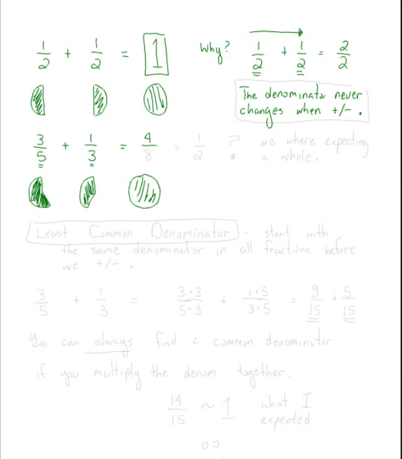Well, if you add 3 plus 1 and you get 4, well, now the denominators aren't the same. So you might be tempted to go, well, 5 plus 3 is 8. And you know that 4/8 is 1/2. And you're asking yourself, what happened? Because if you have more than a half and almost a half, you can't add those together and get a half.